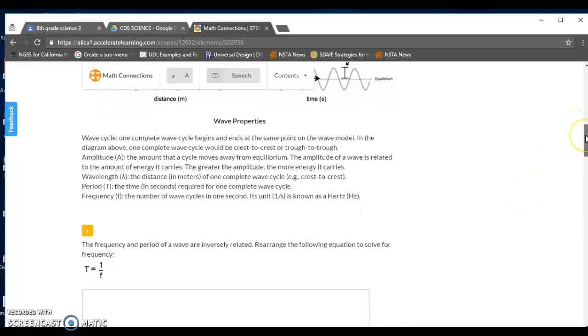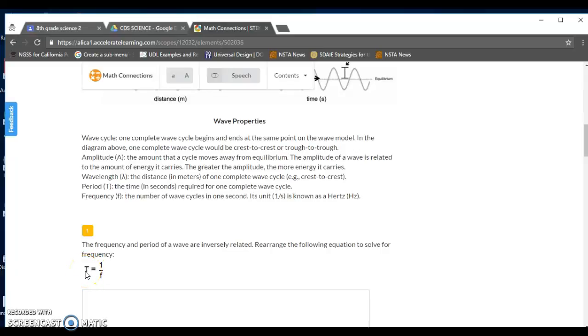And then you'll come and it'll just give you real simple equations or formulas here to manipulate. In this example, it wants you to solve for frequency. So what would that look like? If you're solving for frequency, how would you isolate the F variable? That basically means how do you isolate the F and get the F on one side, and then the other numbers or variables on the other side?